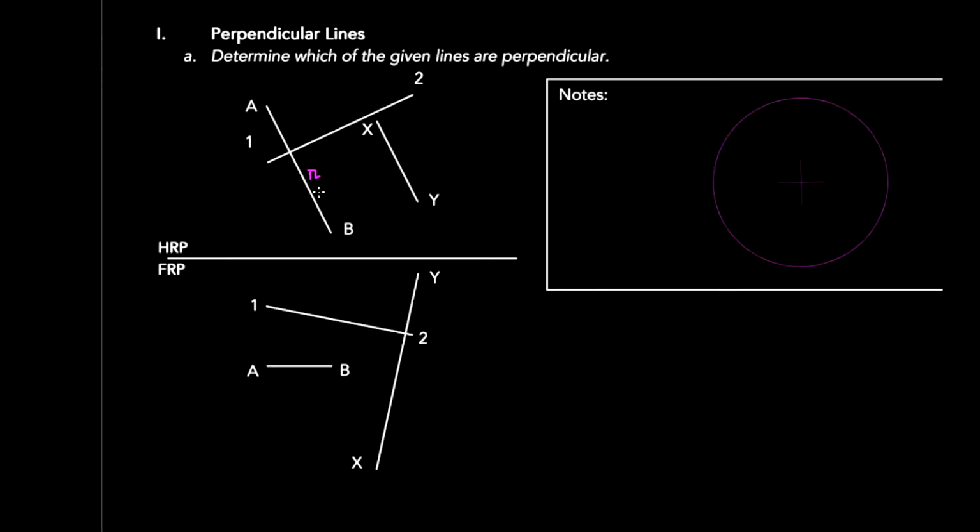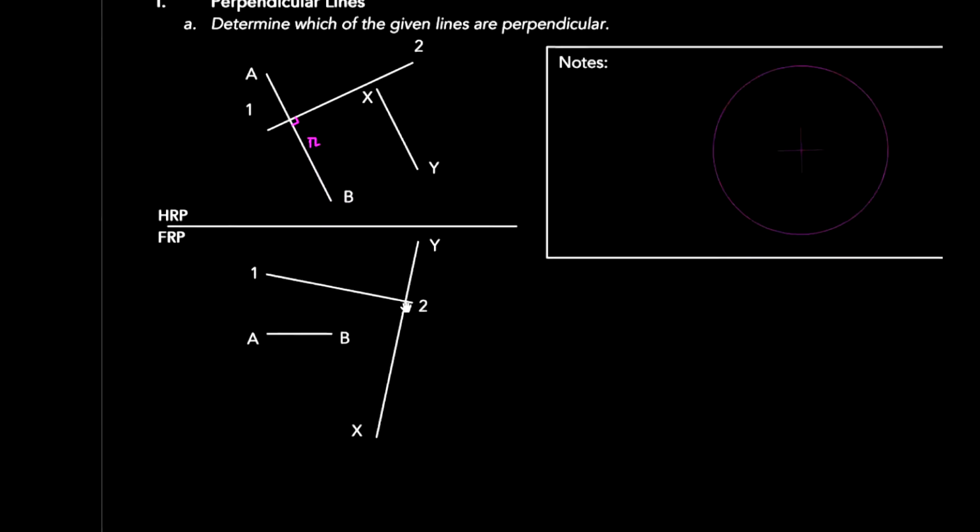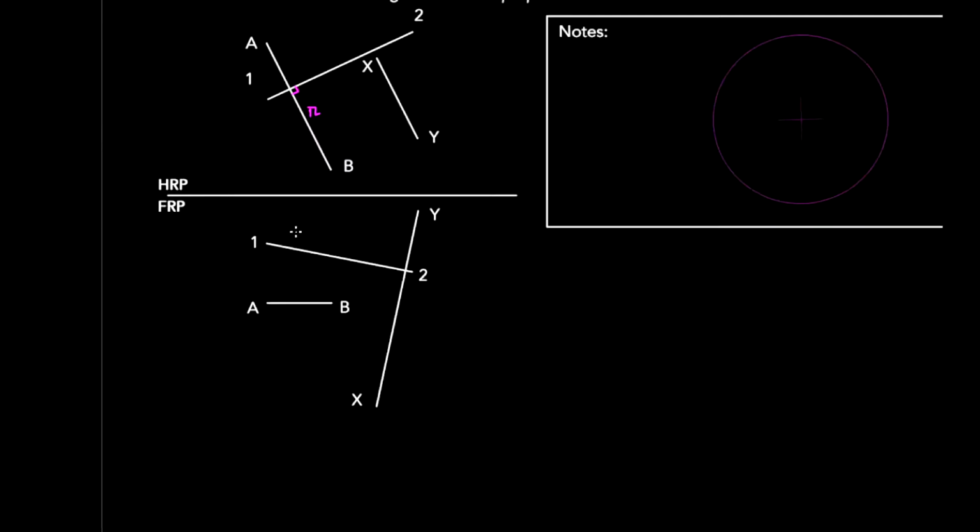Tama? And since it is in its true length, and the line 1, 2 appears perpendicular to AB, then therefore line 1, 2 is perpendicular to AB in this particular case. And regardless if dito hindi siya mukhang perpendicular, yung relationship nila is that they are perpendicular.